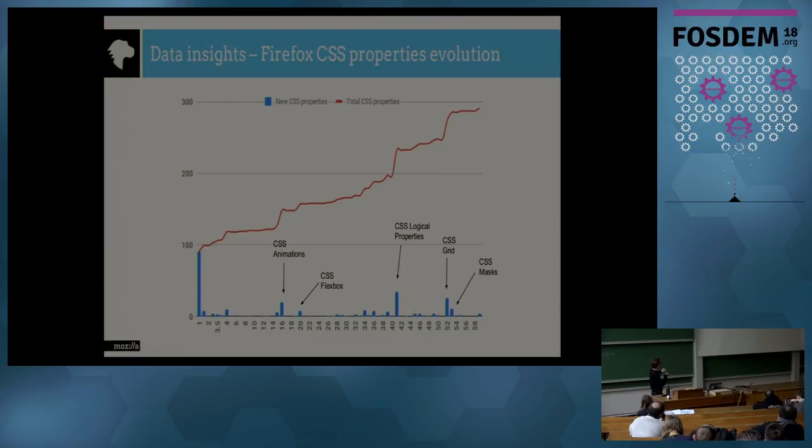In Firefox 16, there were a lot of new CSS properties, and I wondered what was going on there. It turns out they implemented CSS animations back then, or later Flexbox. So over the last 50 or 60 Firefox versions, CSS got more and more complex, adding more features over time. And I could make this chart only out of our data, which I thought was kind of interesting.